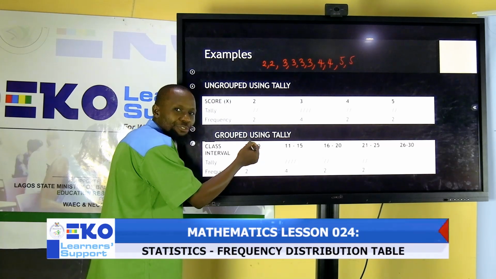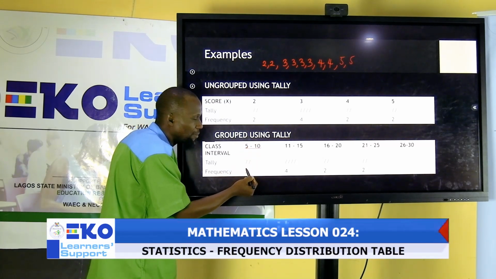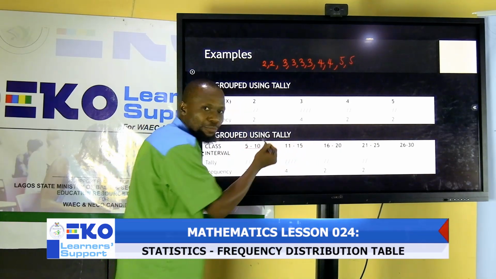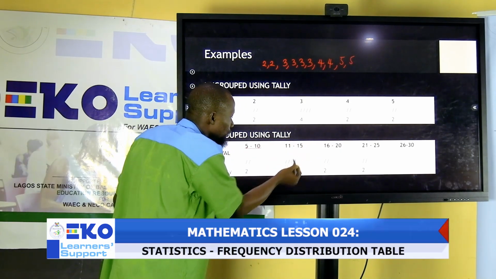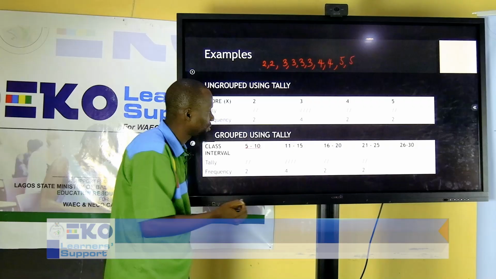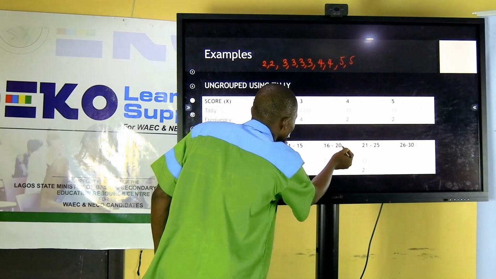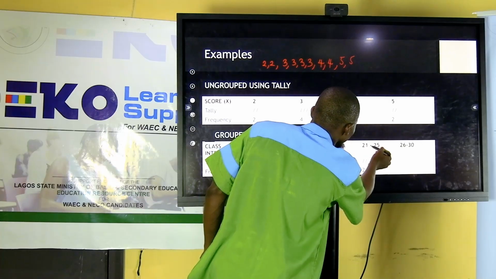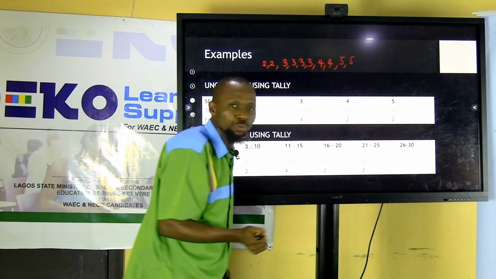Numbers that fall in this range occur 2 times. Numbers in the range 11 to 15 occurred 4 times. Numbers within 16 and 20 occurred 2 times. And numbers within this range also occurred 2 times.